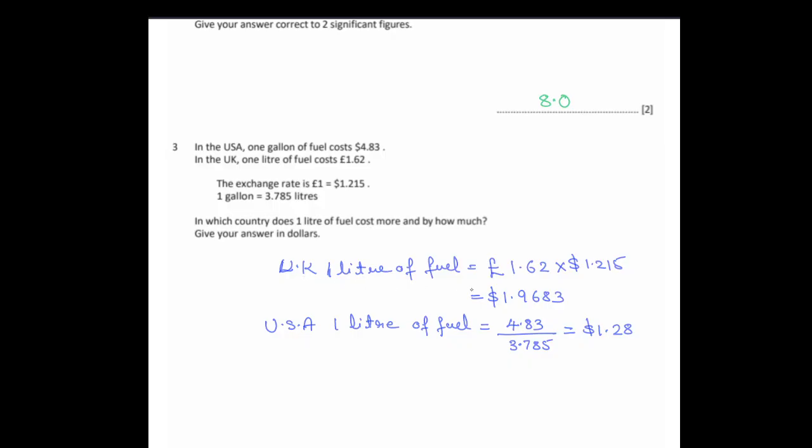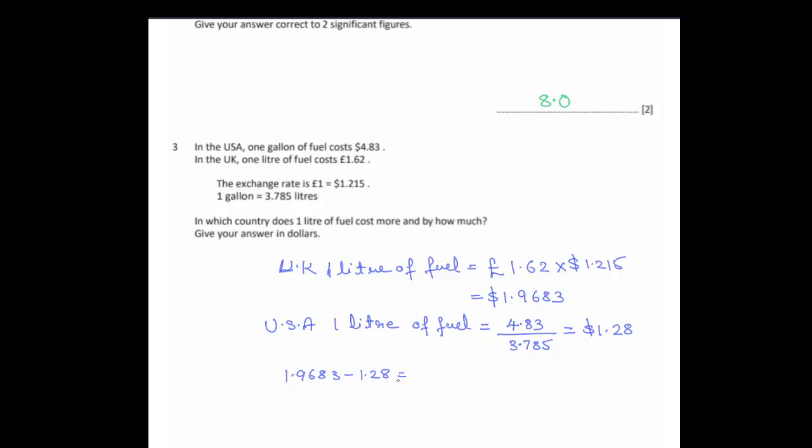It is more in the UK, and to find how much more, we need to subtract. 1.9683 minus 1.28 is 0.6883.